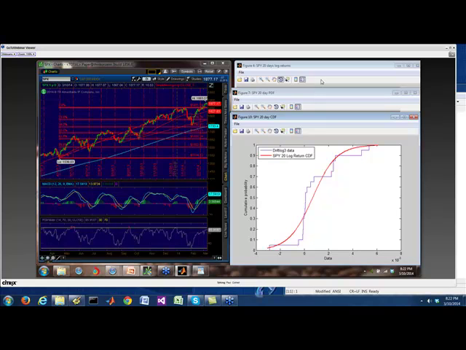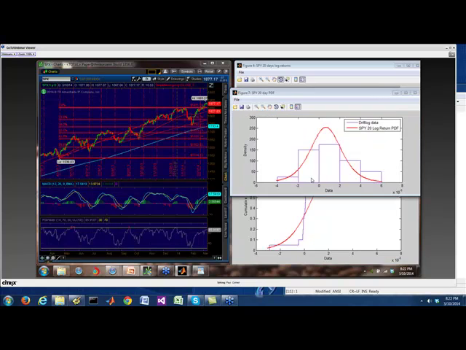And the PDF is saying that even if this is positively skewed, the average is still positive drift. So if you just read the averages and the probabilities, you could just say long it.